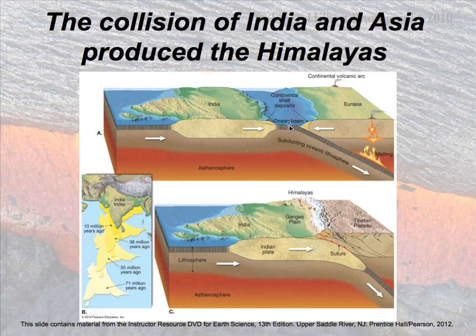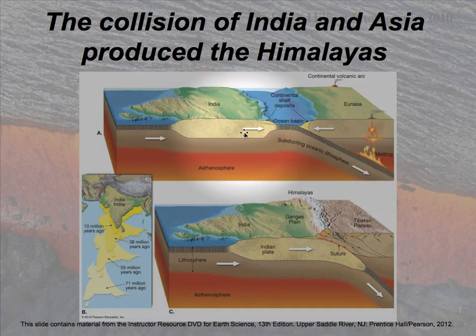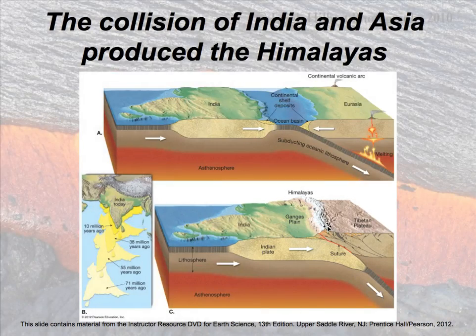Oceanic plate subducts until continents hit each other. Neither is subducting because they're both about the same density, and instead of major subduction like would happen in an oceanic-continental plate collision, you get some subduction, but what you get a lot of is scraping up of material and mountain building.